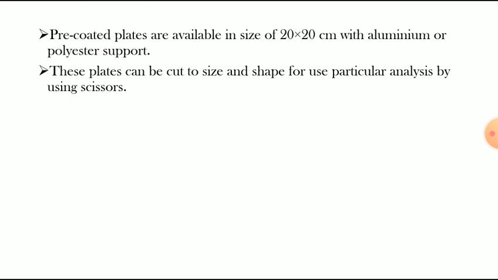These plates can be cut to size and shape for a particular analysis using scissors. Depending upon the requirement, we have to cut that plate into the particular size and shape.